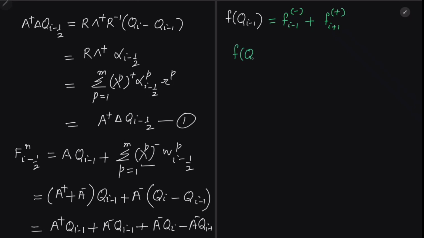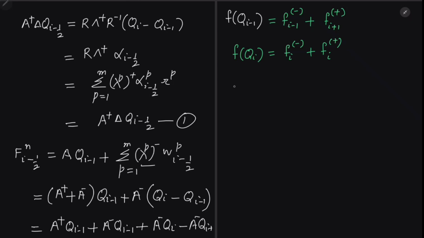Similarly, we can write F of Q_i: the flux at i will be due to the negative flux at i, then we have the positive at i.